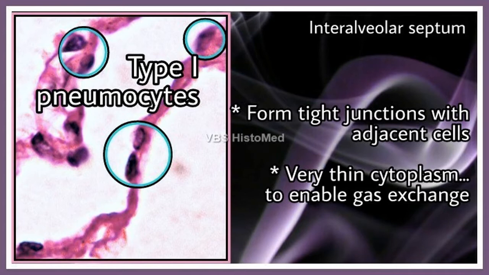As I already mentioned, extremely thin but very extensively spread out on the alveolar septa. Second, they form tight junctions with each other so that there is a complete barrier between the air in the lung and the structures in the deeper core of the alveolar septum.